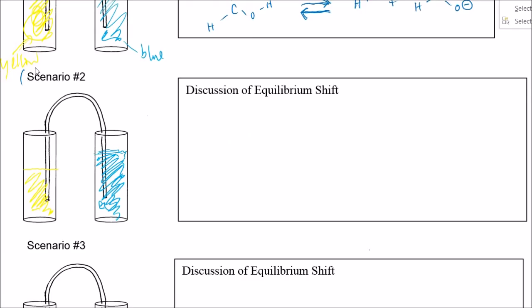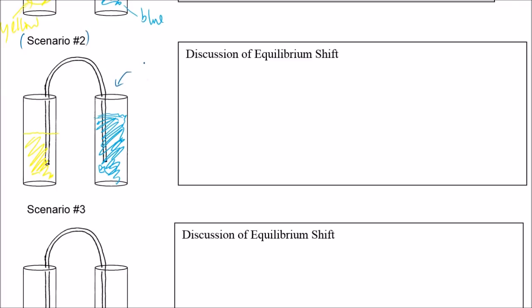Here on scenario 2, you can see I've drawn a picture that illustrates what we did. Added extra blue, so make your sketch appropriate for this scenario. And here's where extra blue was added. And this disrupts the equilibrium. So we can write the words here: extra blue molecules added disrupts the equilibrium.